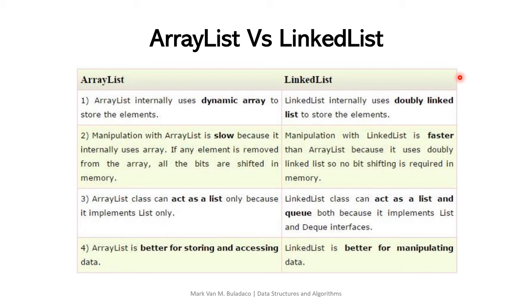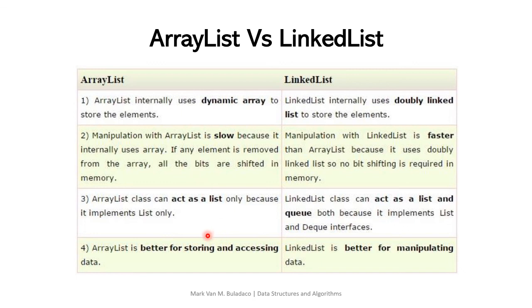While a linked list is much faster in adding, inserting or deleting elements because it uses a doubly linked list, so there will be no bit shifting required in the memory. While in an array list, all bits are shifted in memory because of the creation of the new array.